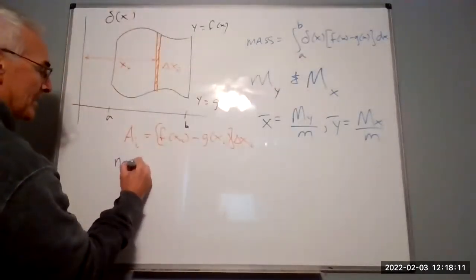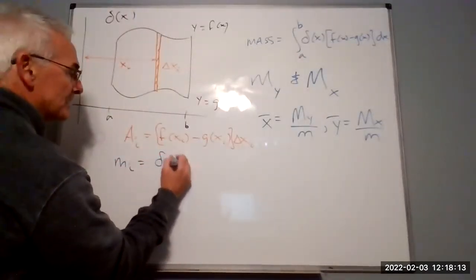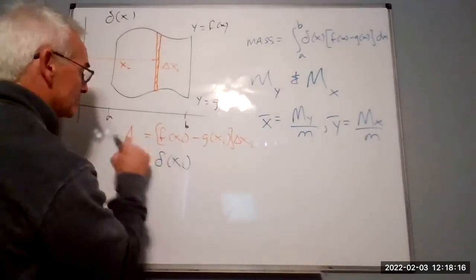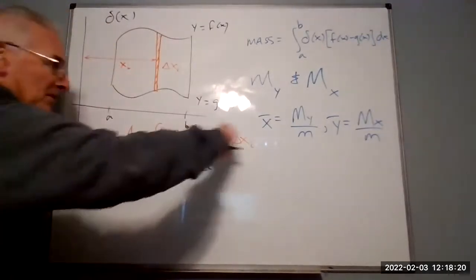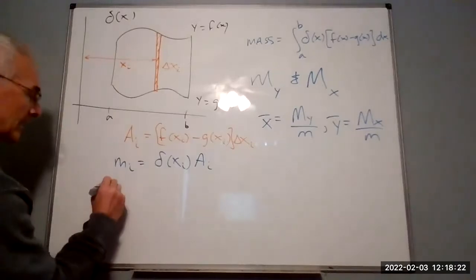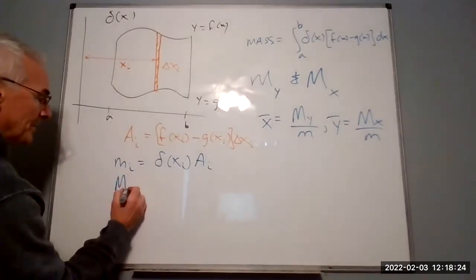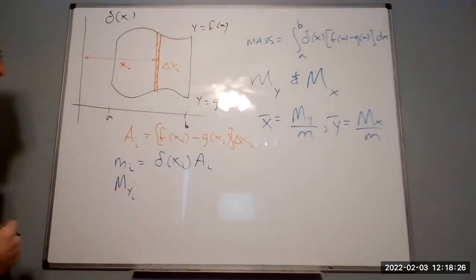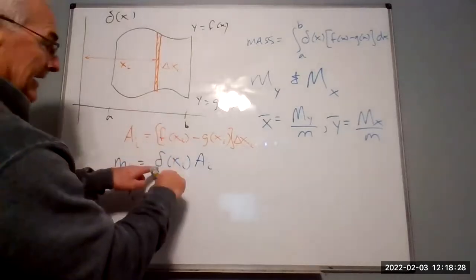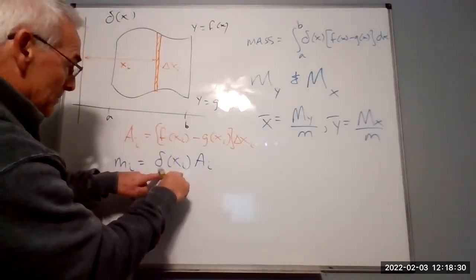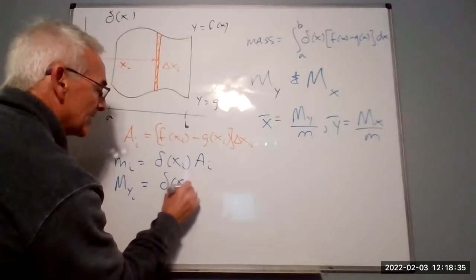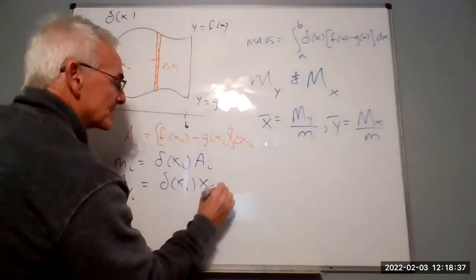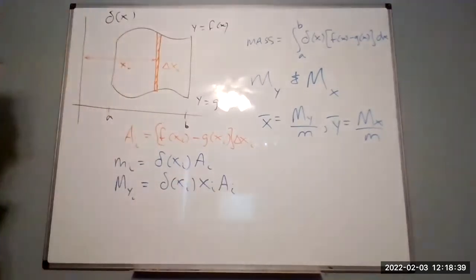So let me write now the ith mass will be the density times this. Now I don't feel like rewriting that. And finally, the moment to the y-axis of the ith strip is distance times mass. So that will be density times the x coordinate times that area.